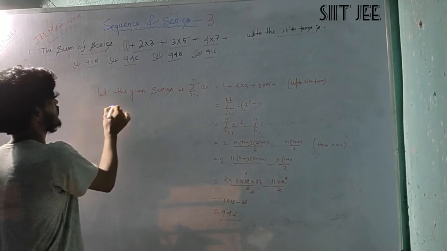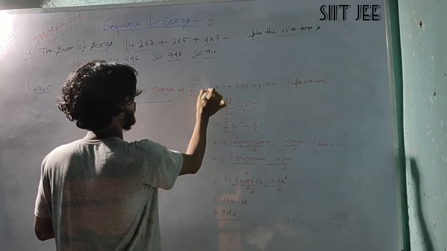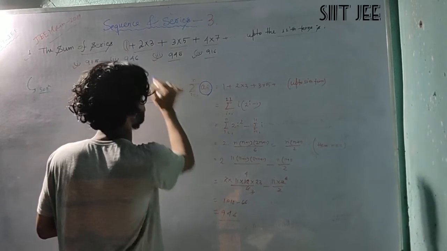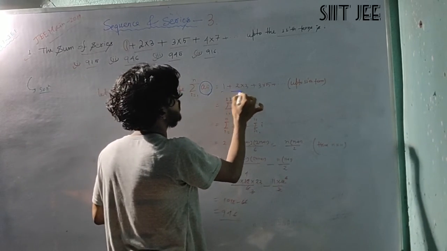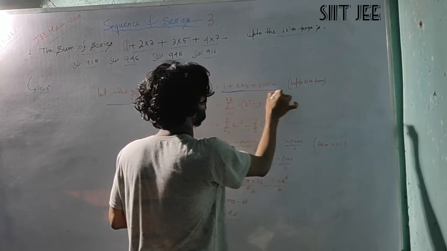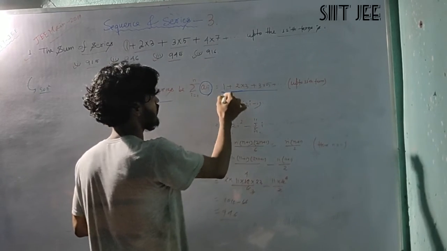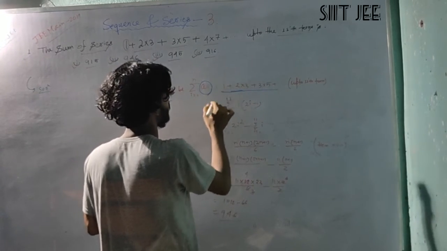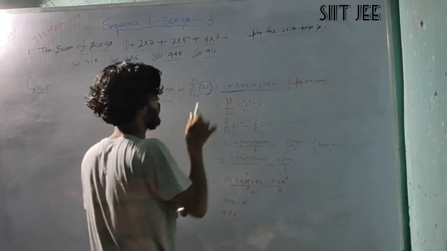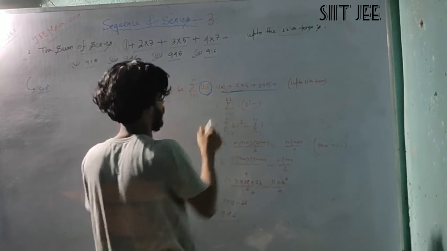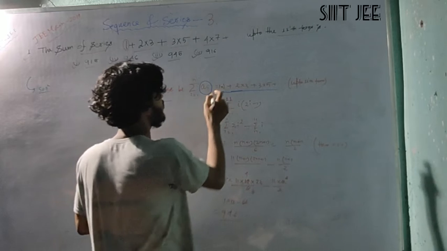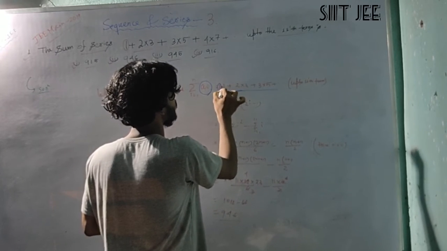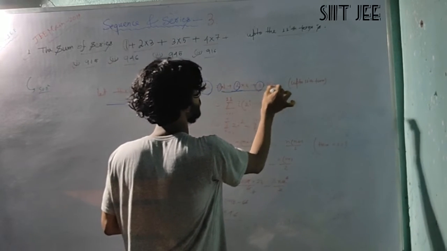Let us consider the given series is summation a_i, where a_i is taken in such a way that 1 plus 2 into 3, and so on, is the given series written here. Now constructing this, look at here very carefully. 1 can be written as 1 into 1, and now arranging the first term of each term 1, 2, 3 and so on.